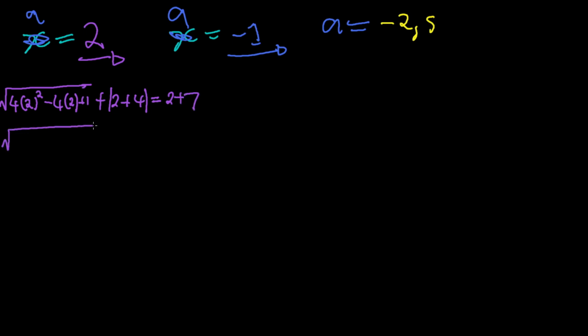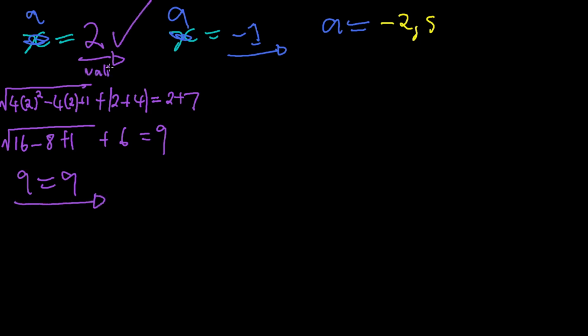So it would be square root, 2 squared is 4, 4 times 4 is 16, minus 8 plus 1 plus 6 is equal to 9. Now let's just figure out what this is. 16 minus 8 is 8, plus 1 is 9, square root 9 is 3, 3 plus 6 is 9. So 9 is equal to 9, which means that 2 is an answer. So we can tick this one off, alright, valid.